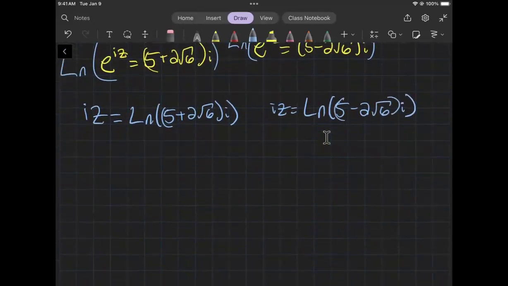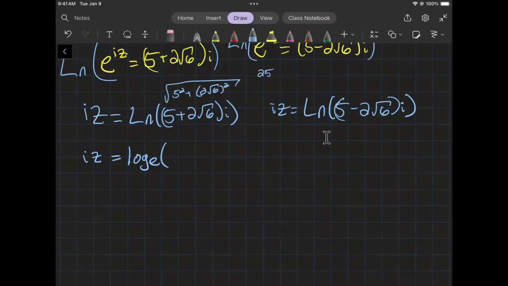So we'll have the same radius: log base e of the square root of 5 squared plus 2 root 6 squared, 25 plus 24, that's 49, and then plus i times the inverse tangent of 2 root 6 over 5.